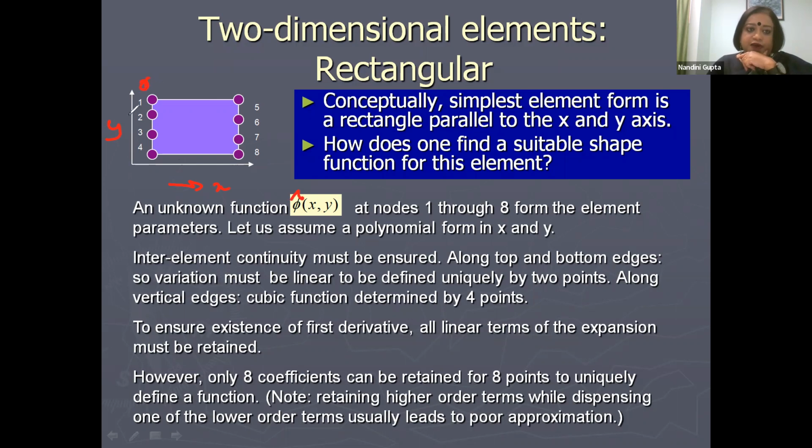And of course, you have phi 1, phi 2 given here, known or unknown. So my question is, what kind of an interpolation function would you be fitting to this element? Do not read, you will not understand. Just try to think.